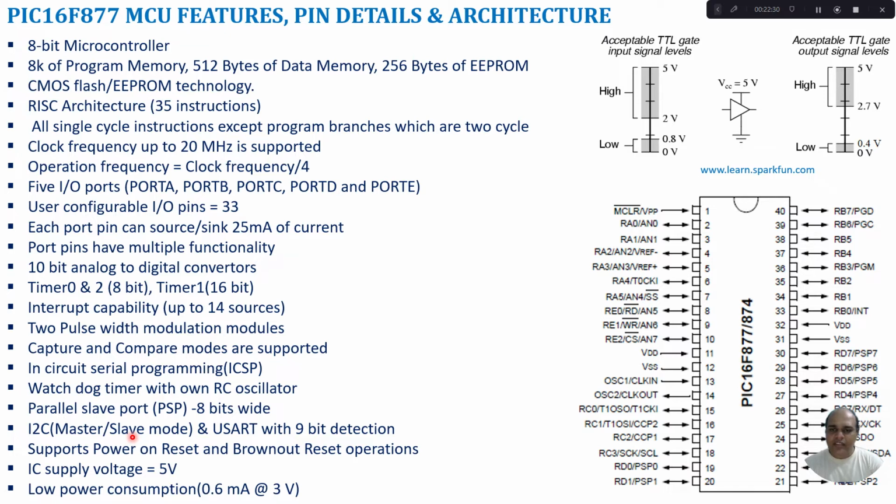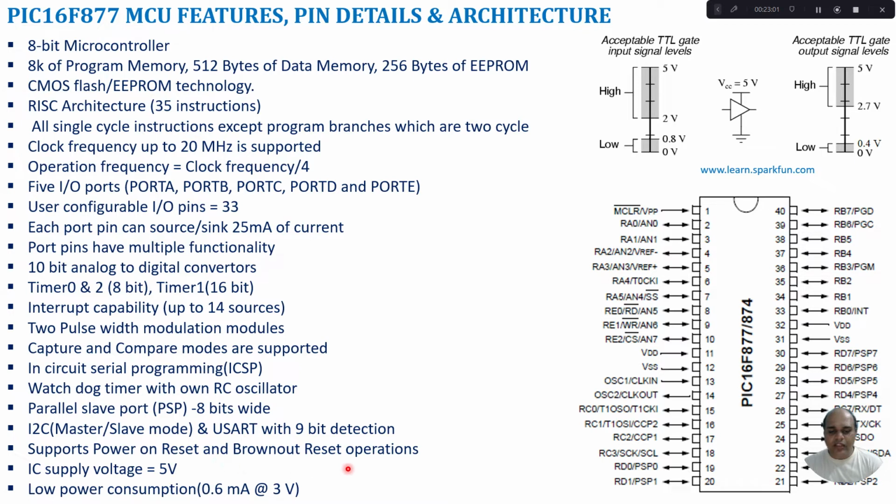Again, the clock pulses need some time to produce a stabilized output. During that time, the microcontroller should not execute any instruction. So an automatic reset is applied during those stages. During the process of voltage stabilization and also clock pulse stabilization, a reset is applied. That is called power on reset.